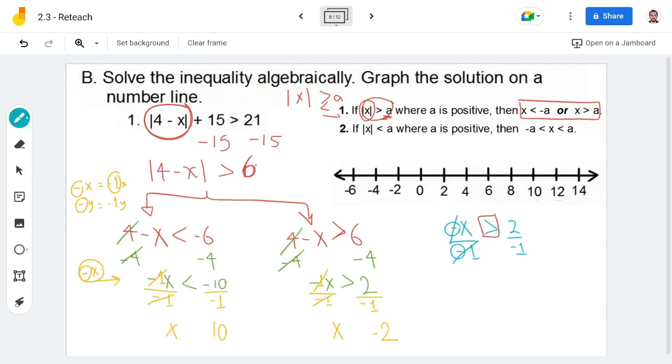You write x and you flip your inequality, and you write the answer. So always, when you divide by a negative, you flip your inequality. Let me give you another example. Let's say we have negative x greater than 5, or negative 5.